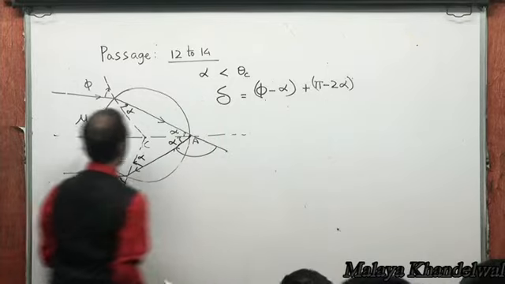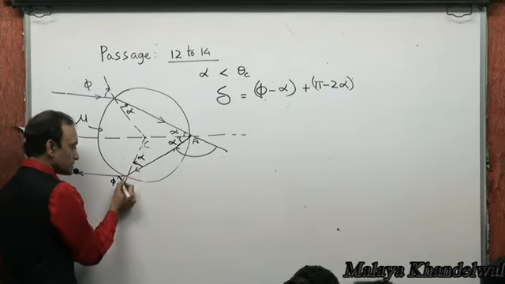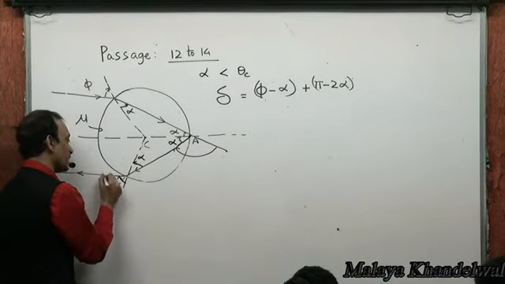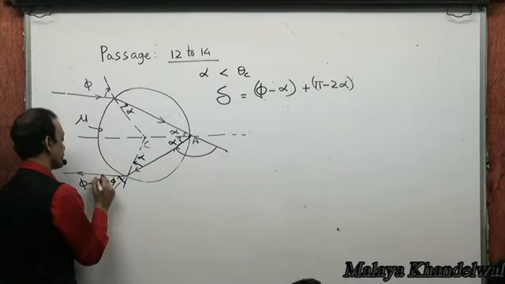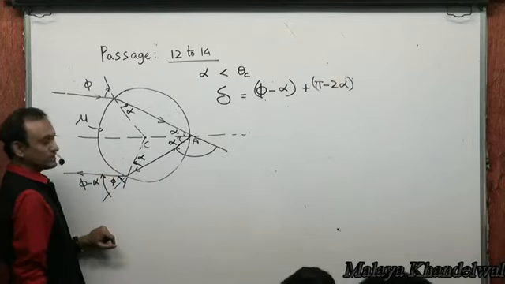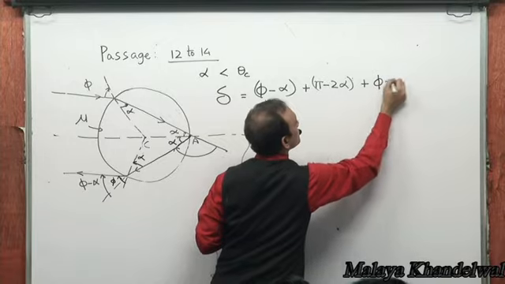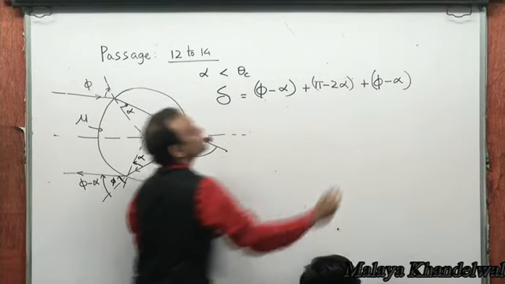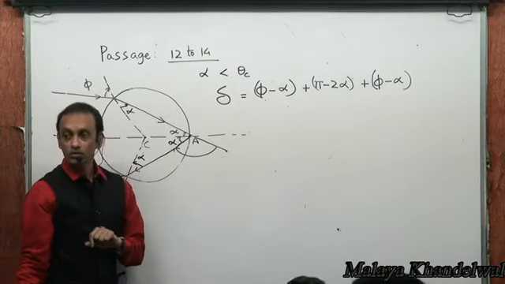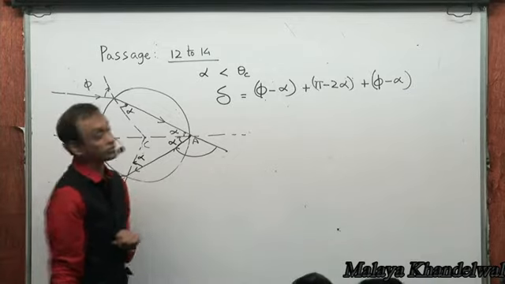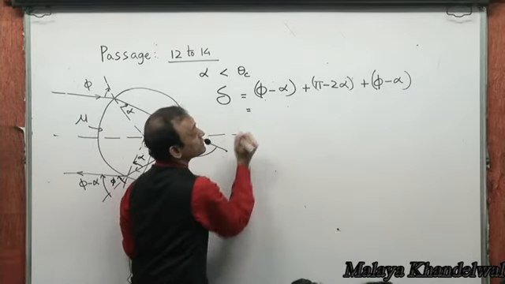Then for this, realize it's going to be phi minus alpha once again, clockwise. So phi minus alpha again clockwise. That's going to be the total deviation clockwise produced for this arrangement.